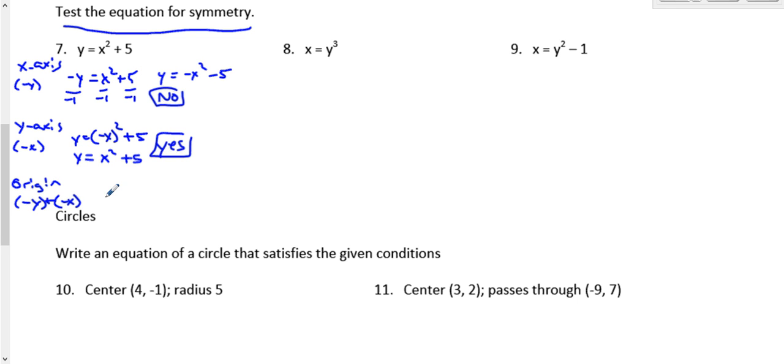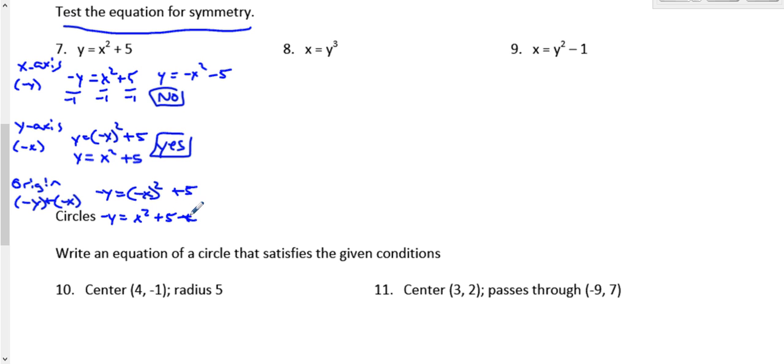And now we test for the origin. So we plug in negative y and the negative x, and we see if we can simplify this out to get back to our original problem. And again, the negative within the exponent of 2 is going to become positive. So that will give us negative y equals positive x squared plus 5.